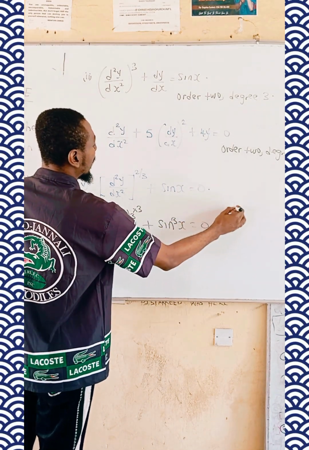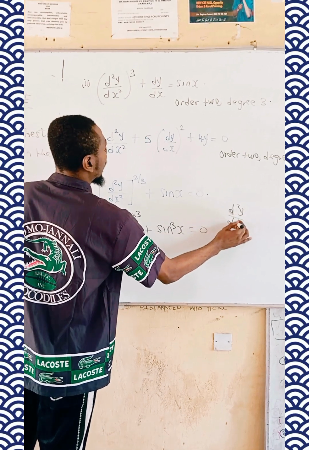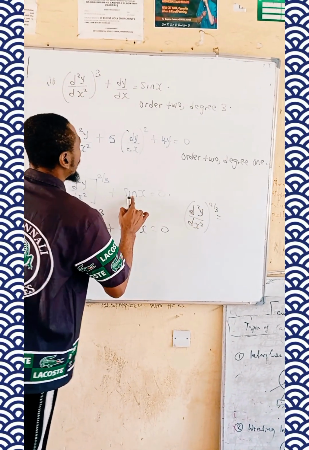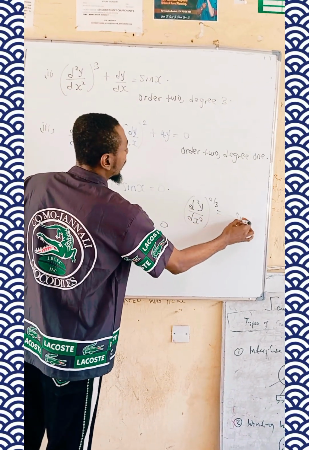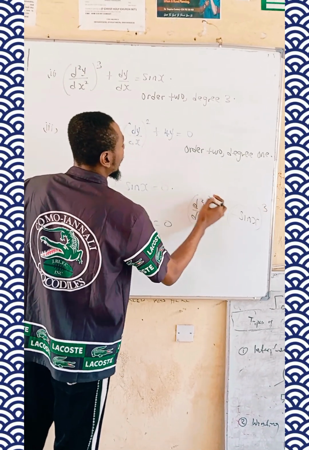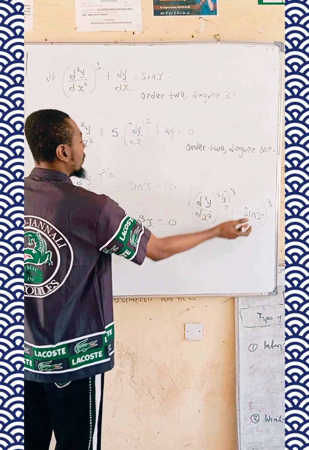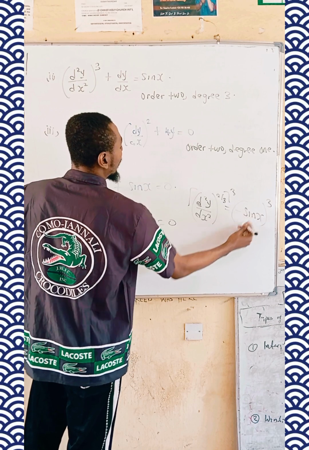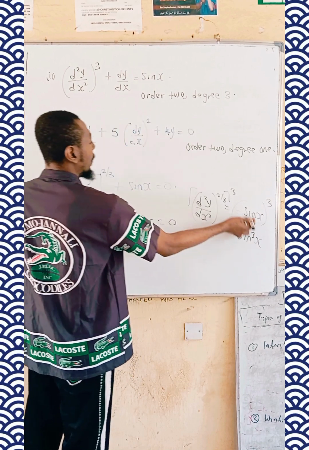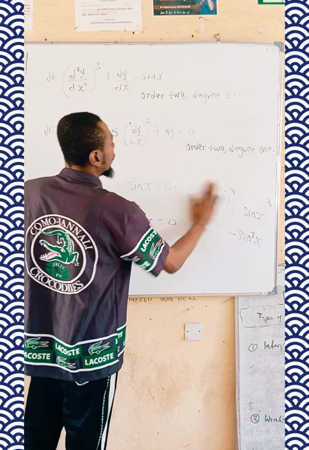Definitely we have (d squared y over dx squared) all raised to the power 2 over 3 equal to, crossing over, minus sine x. Then we find the cube of both sides. The cube of minus sine x is minus sine cube x, after which we bring it to this side. It's just the same thing we're trying to say here.